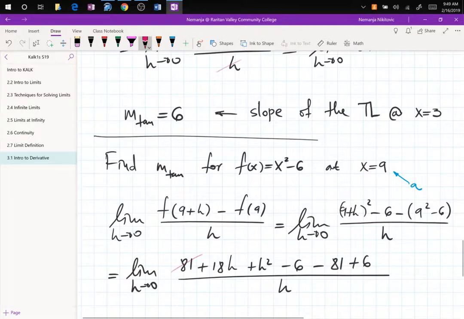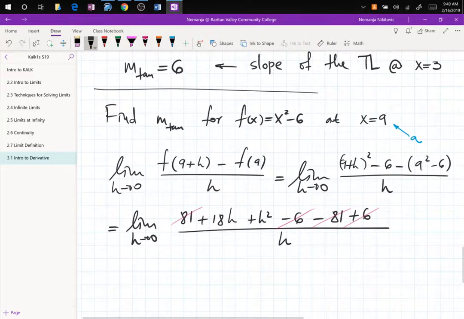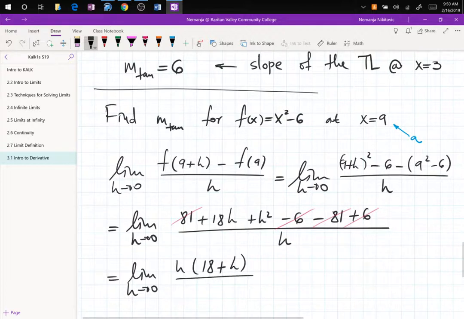Cancellations: positive and negative 81, positive and negative 6. This is the check step, right? We see that the only terms that are left have h, so factor out one h. We're left with 18 plus h divided by h, so now h cancels.